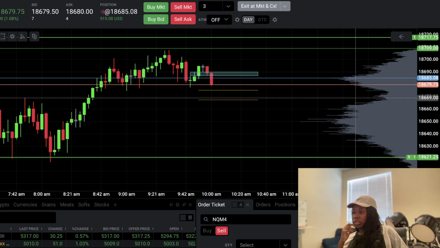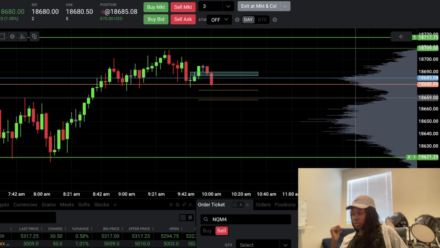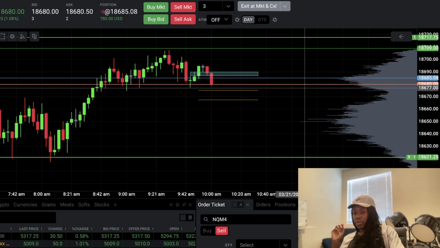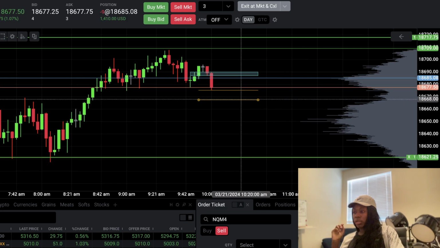All right, we're approaching the 50 moving average on the 3-minute. It's not that crazy to get a little bit of a bounce around here or here as well.